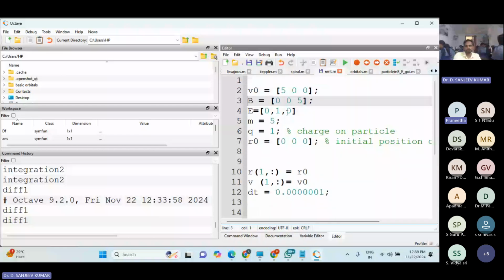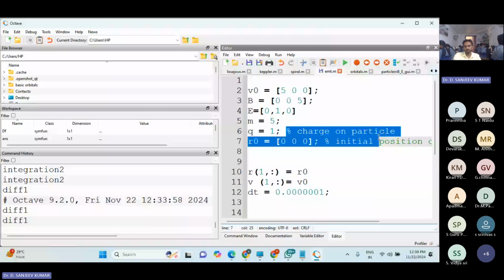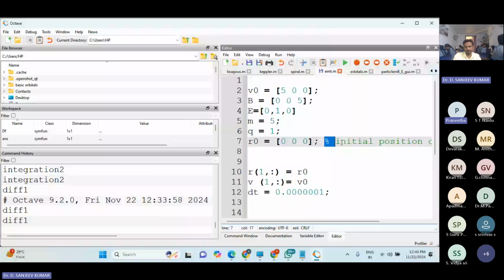Electric field E is 0, 1, 0, applied along the y direction. I'm considering 5 units of mass and 1 unit of charge. And I'm considering the initial position of the particle at the origin, 0, 0, 0.